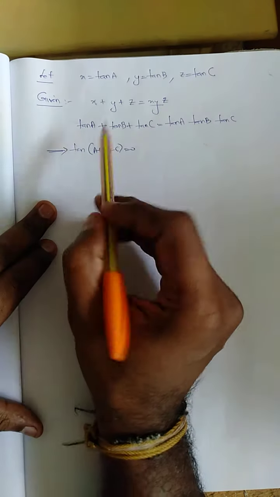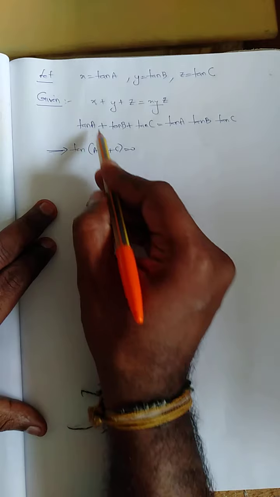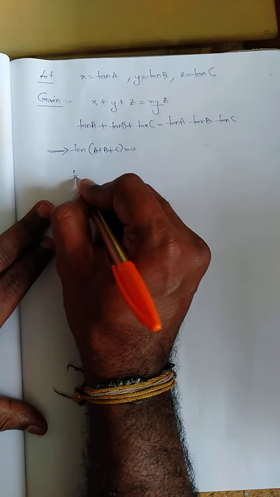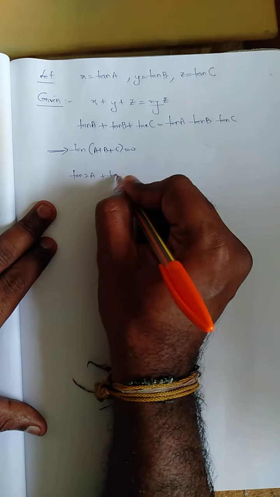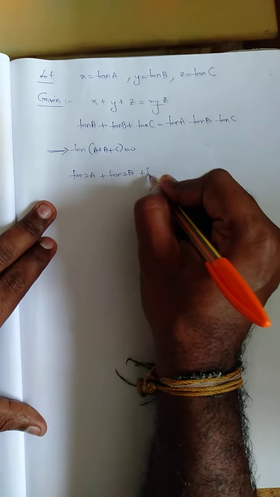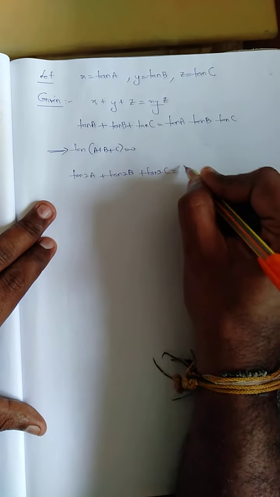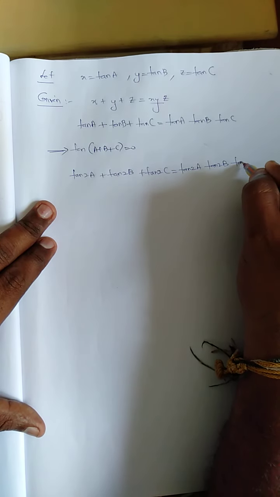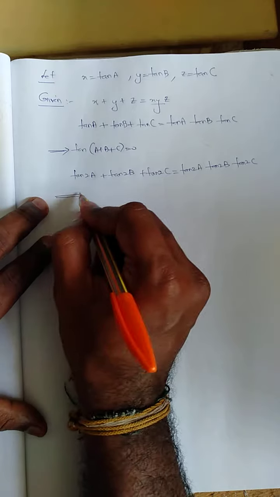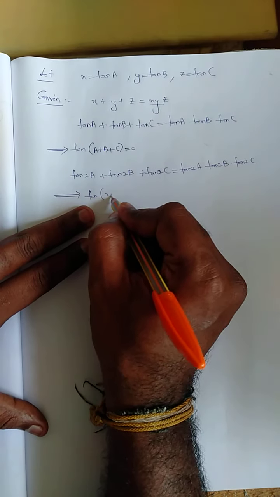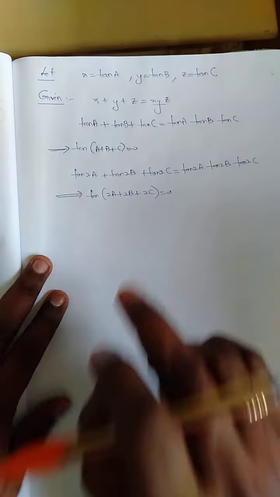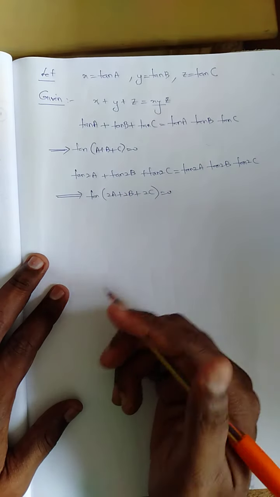Instead of using a, b, c, I am going to multiply each one by 2. This is the first result. As the second result, I am going to provide tan 2a plus tan 2b plus tan 2c is equal to tan 2a tan 2b tan 2c, which implies tan of 2a plus 2b plus 2c is equal to 0. Instead of a, b, c, I am using 2a, 2b, 2c.